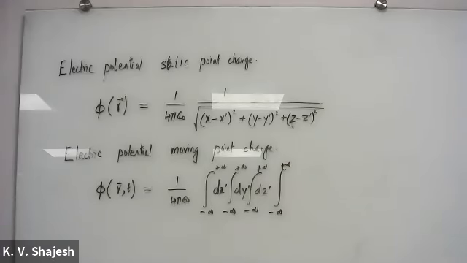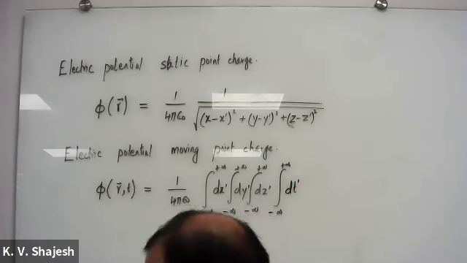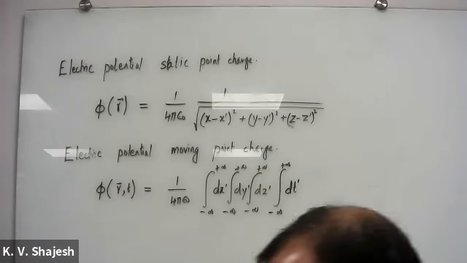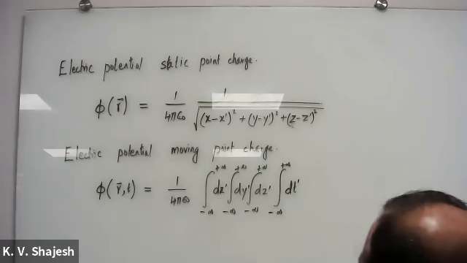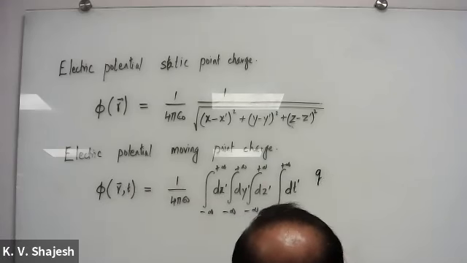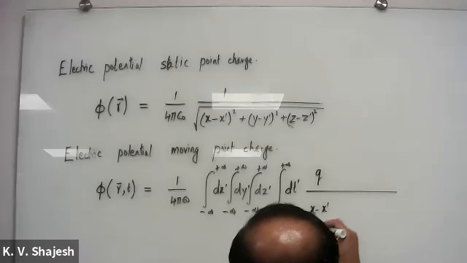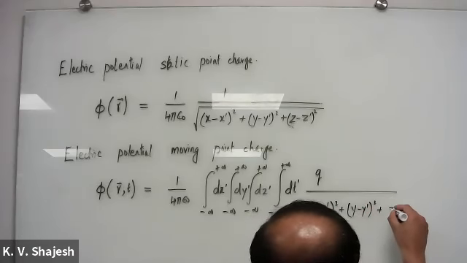Our Green's function was for a particular instant in time, so we had to add up all the contributions from time, because at an observation point t, we could get contributions from all over in the past. And that's equal to q times, let me first say, the square root of x minus x prime squared plus y minus y prime squared plus z minus z prime squared.